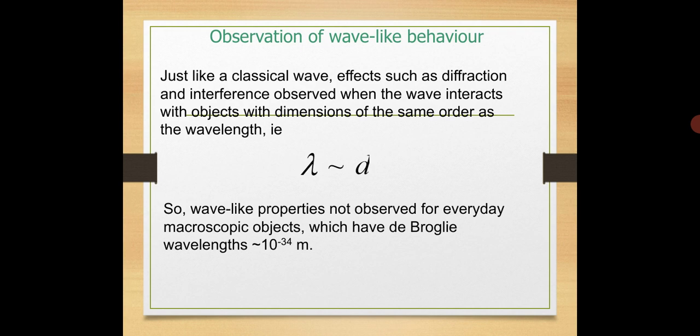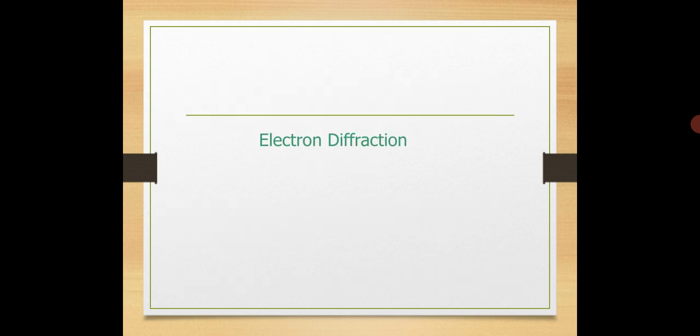Macroscopic objects are those which we can see and observe, which have particle size greater than nano size, and which have de Broglie wavelengths of 10 to the power minus 34. What about the electron? The electron has de Broglie wavelength of 10 to the power minus 10 to 10 to the power minus 11 meter.